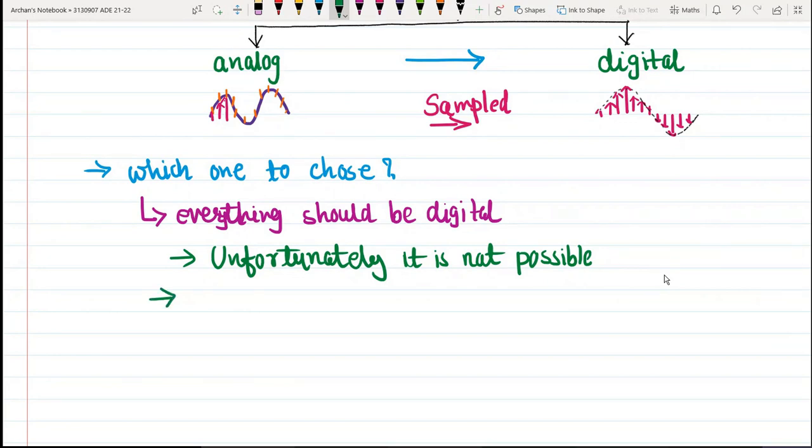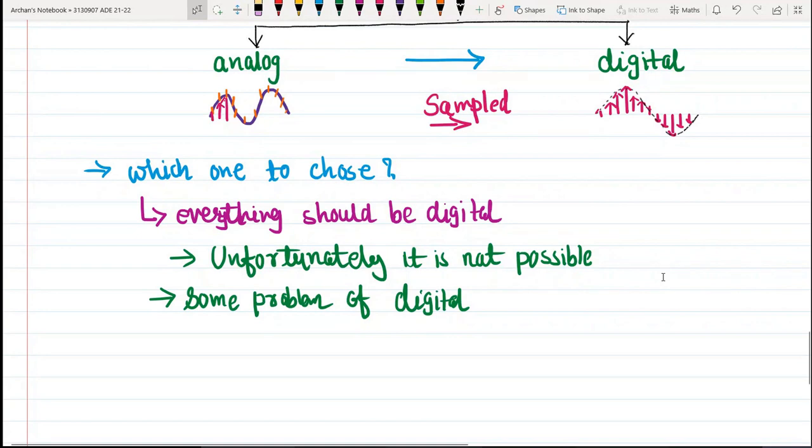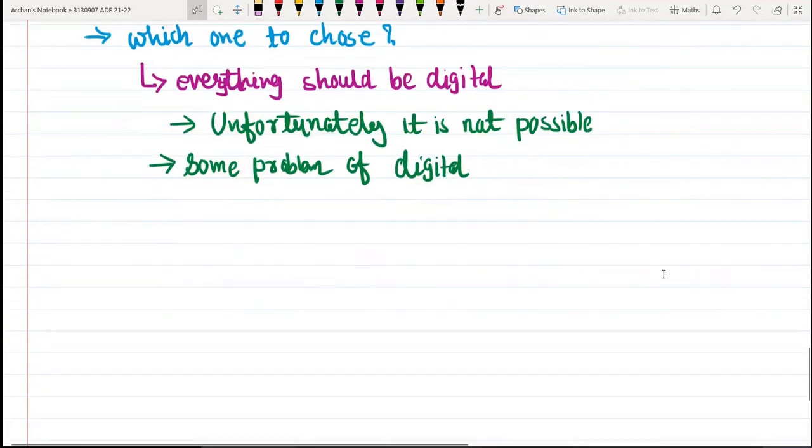Why? Because there are some problems of digital signals also. That means we have some advantages of analog signals, right?